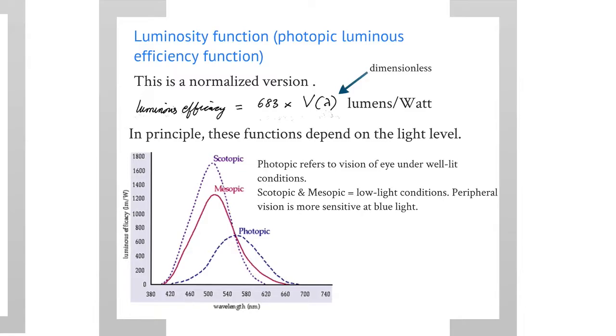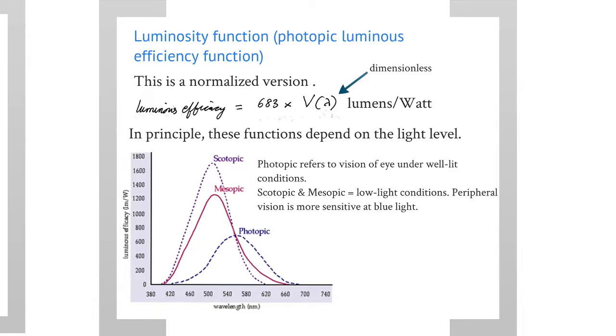Now, if you multiply it by that number, 683, it just gives you the normalized, what's called the photopic efficiency, or how your eye perceives. Again, not terribly important for you to, I would say, I think it's more important just to appreciate that there is this analog between these two.